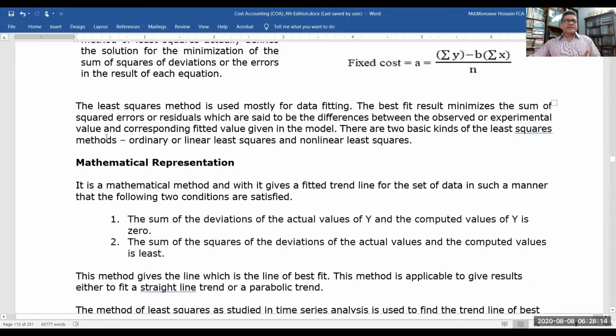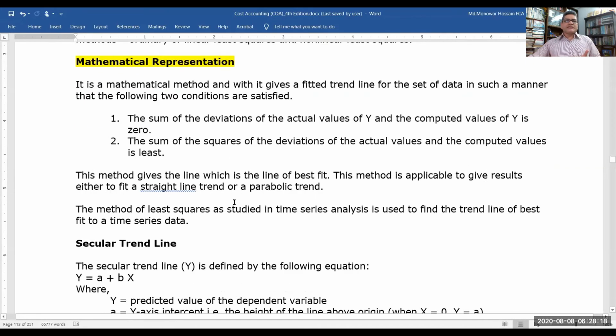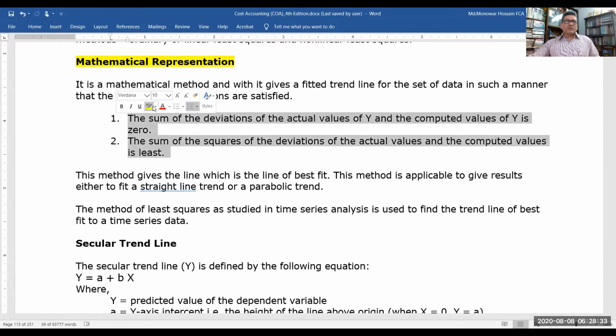This is a mathematical method that fits a trend line to a set of data in such a manner that it satisfies two conditions. Number one, the sum of the deviations of the actual values of y from the computed values of y is 0.